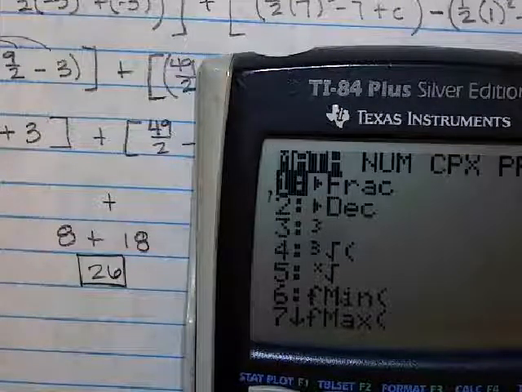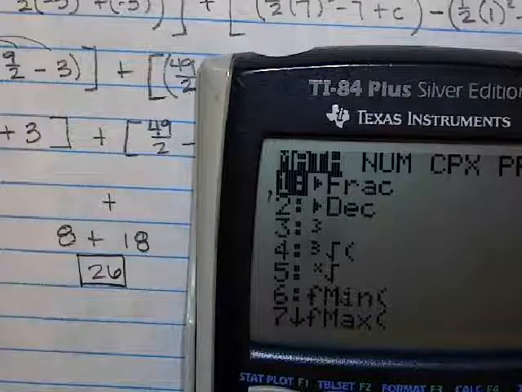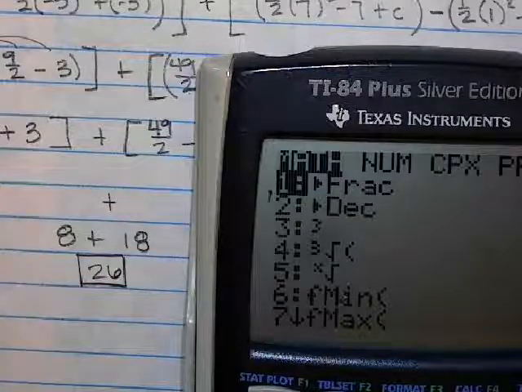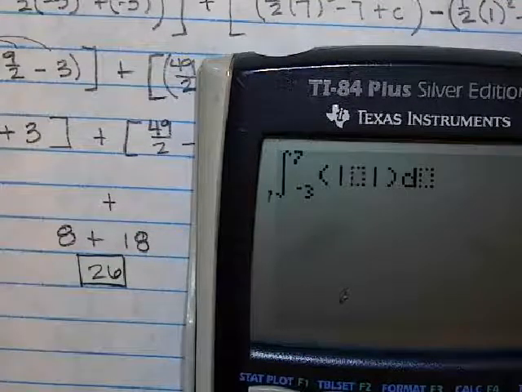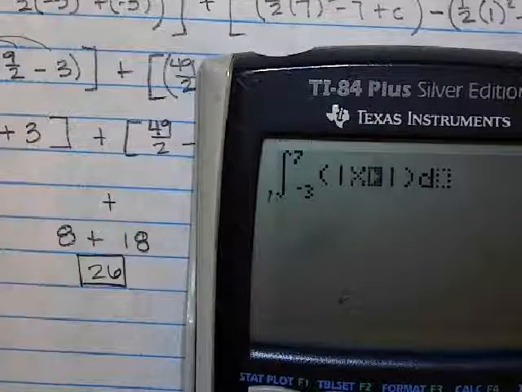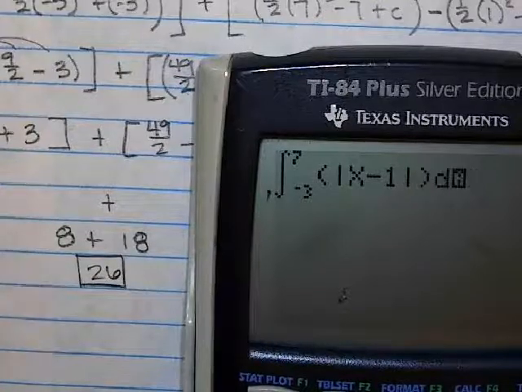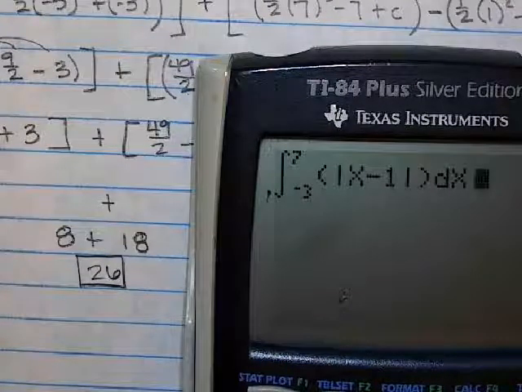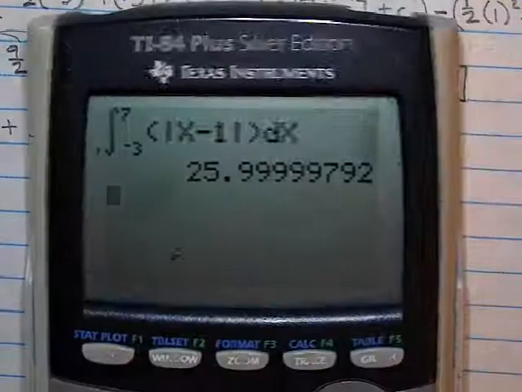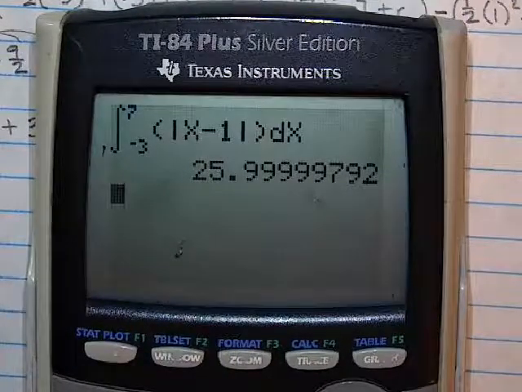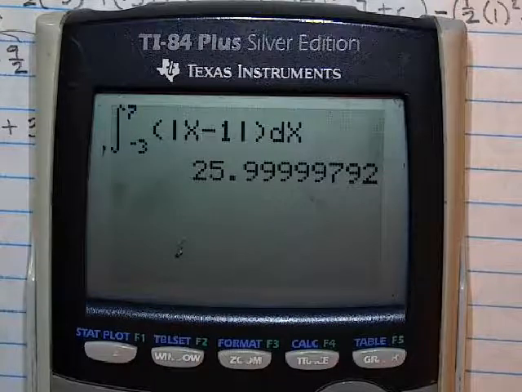Go over to number, and it's the first one, ABS. Okay, absolute value of x minus 1 dx is at 26. Aha! There we go. It's calculator struggle bus.